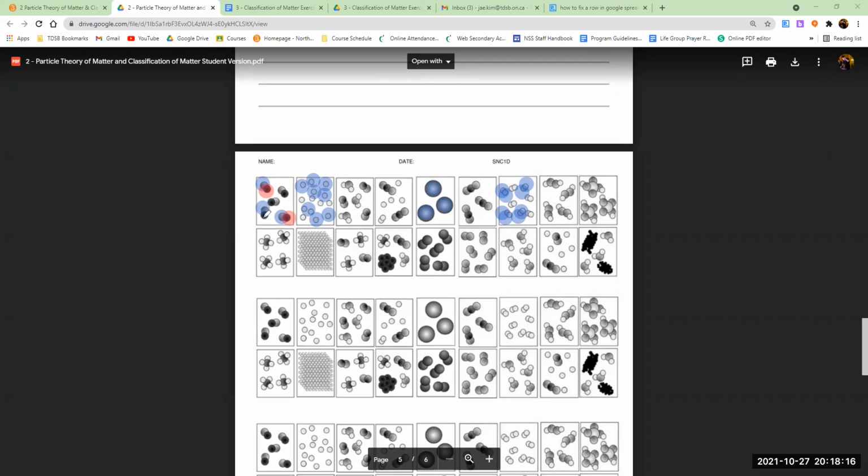So even if the spheres are different, these packages are identical to each other. Every one of these quadruple-sphere packages is identical to each other. That's what makes a compound from a visual perspective. We're going to get more into that when we talk more about atoms, but for now, that's our definition.